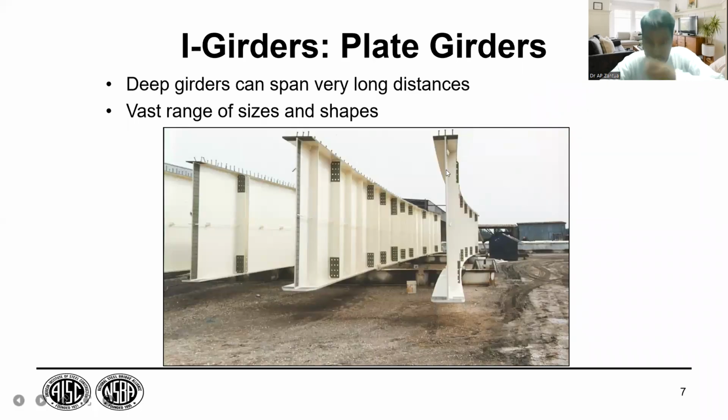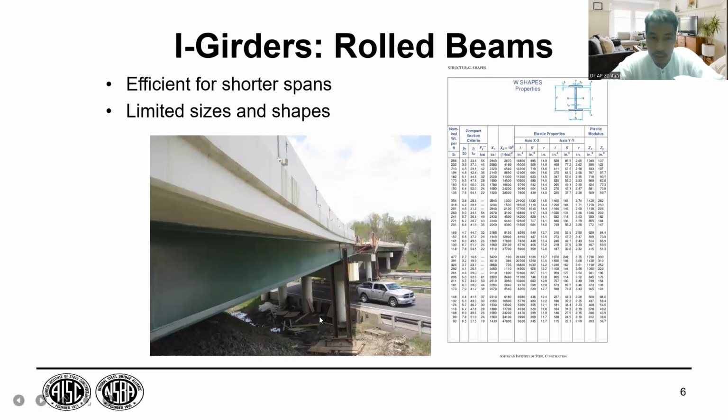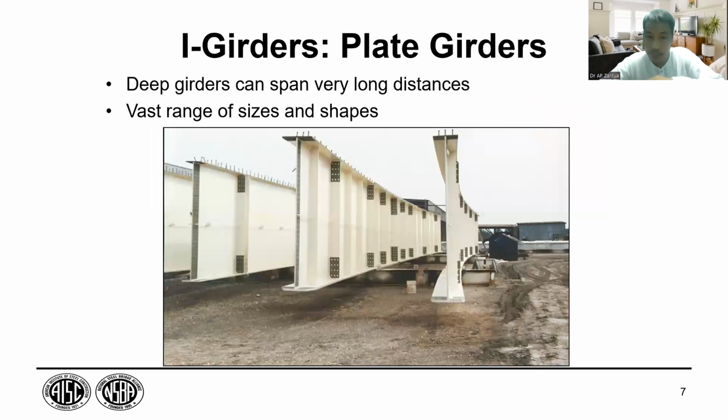These are the types of girders. Girder plates. This is not a girder plate. This is a girder rolled beam. That is the difference of girder plate from the girder beam. This is a girder plate or plate girders.